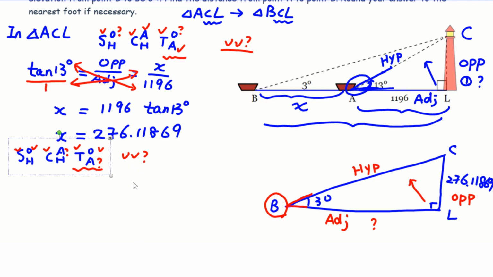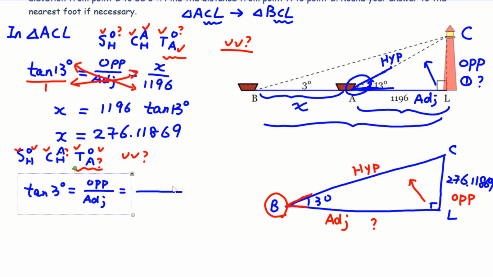We can solve for that unknown. So we are going to use tan again. Tan 3 degrees equals opposite over adjacent, equals 276.11869 divided by x or y.